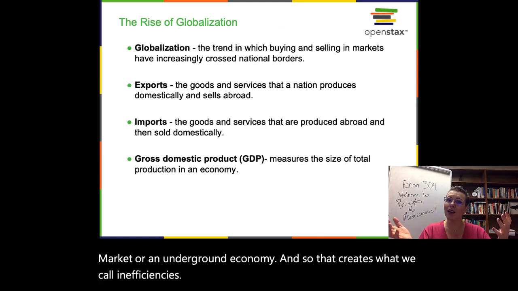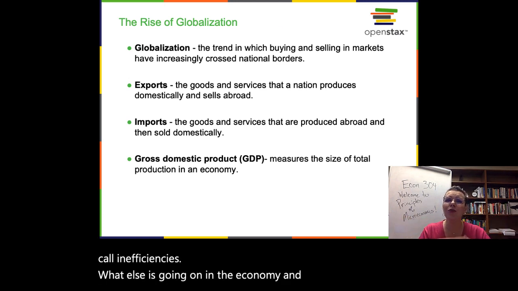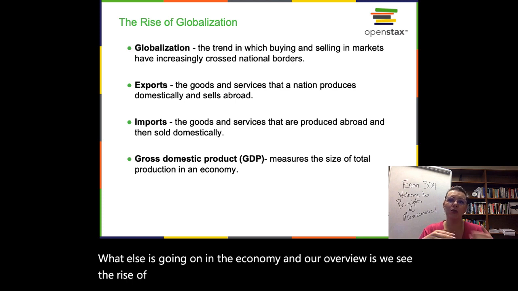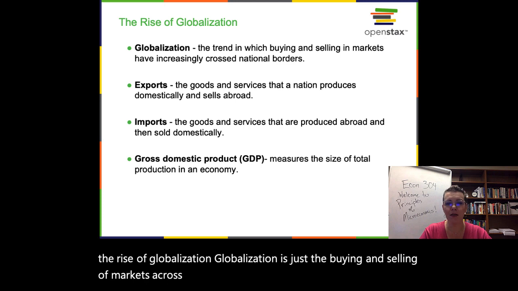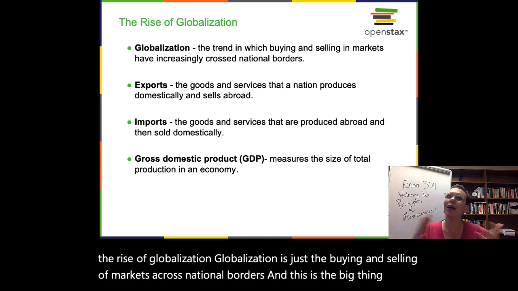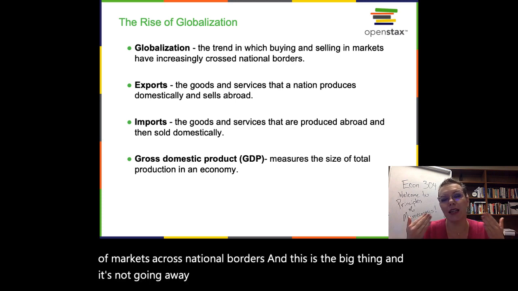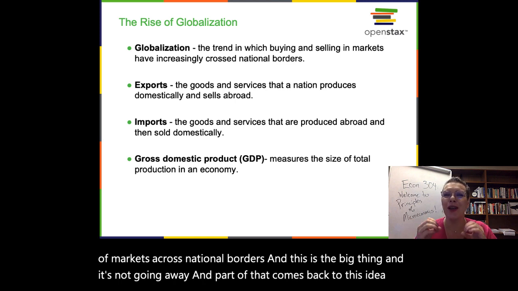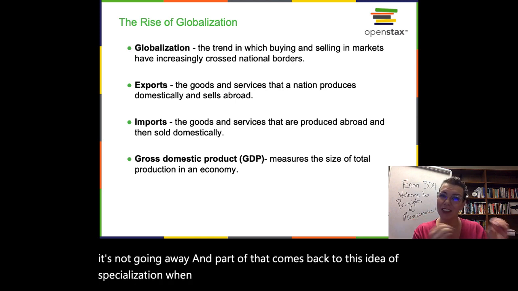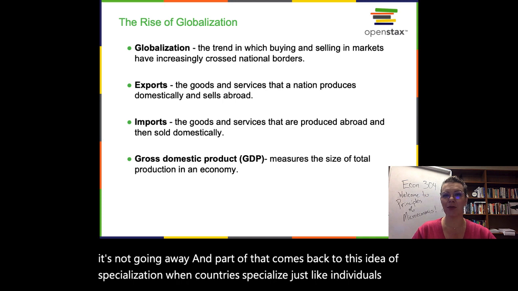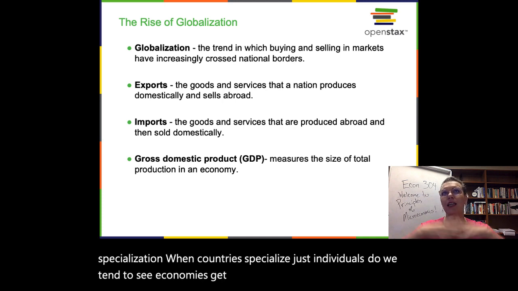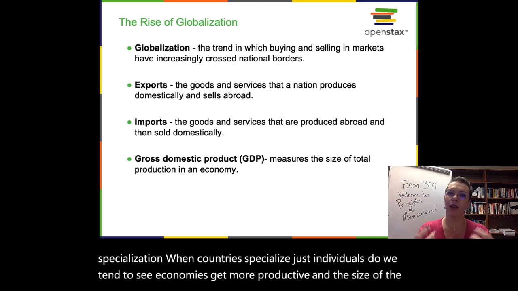What else is going on in the economy in our overview is we see the rise of globalization. Globalization is just the buying and selling of markets across national borders. And this is a big thing, and it's not going away. And part of that comes back to this idea of specialization. When countries specialize just like individuals do, we tend to see economies get more productive and the size of the global market grow.